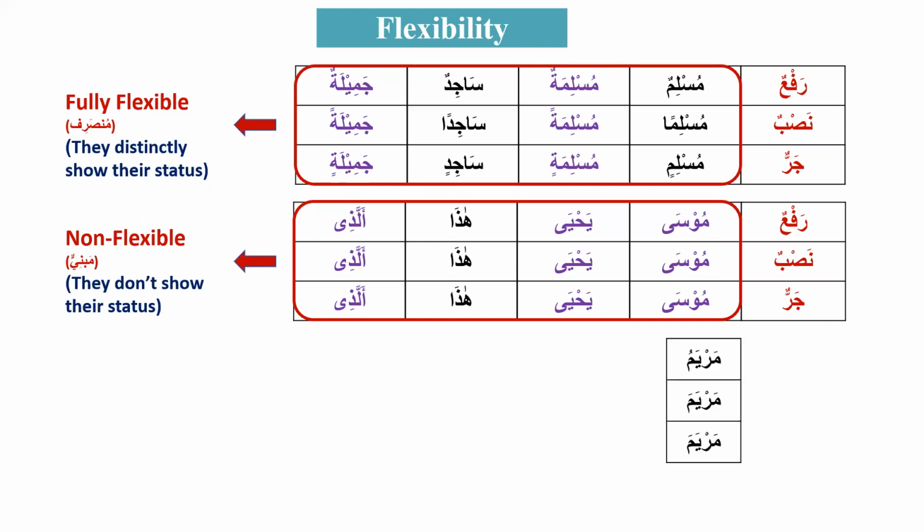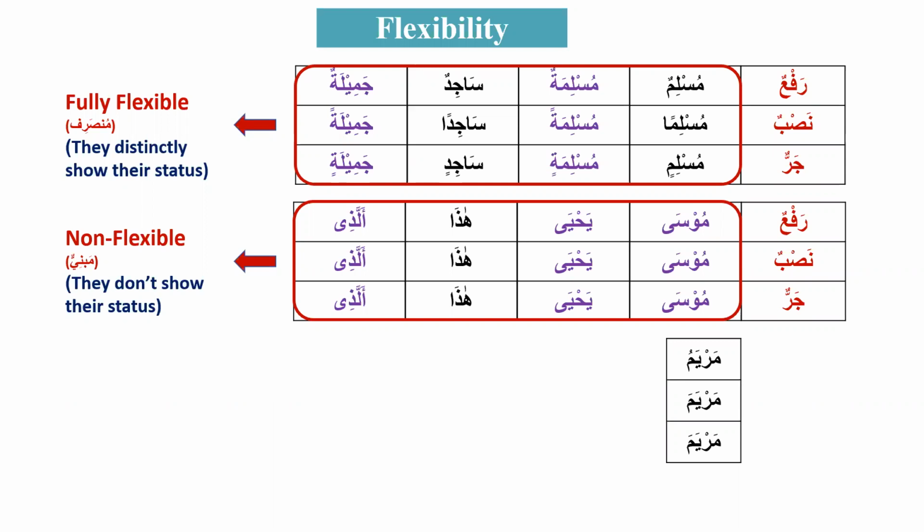So I give you 3 words here. It's actually basically one word written 3 times. Maryamu, Maryama, Maryama. If you look at this word, the first word has a dhamma on the last letter. The second one and third one have a fatha on the last letter. That's the difference.